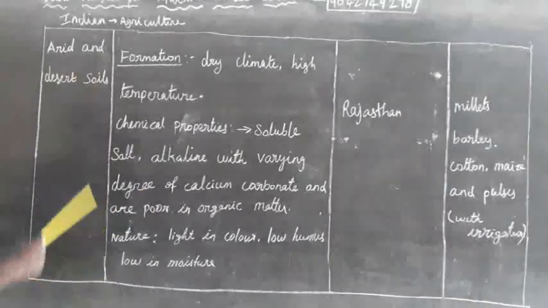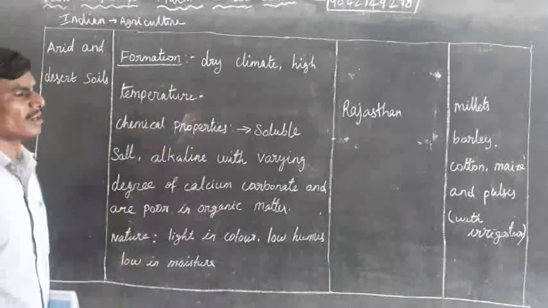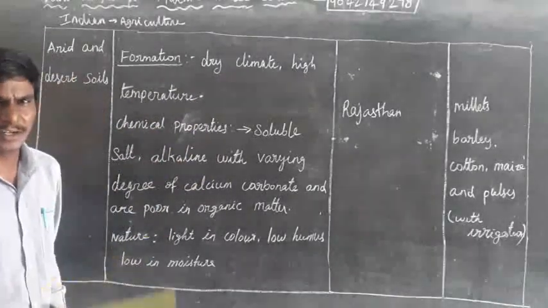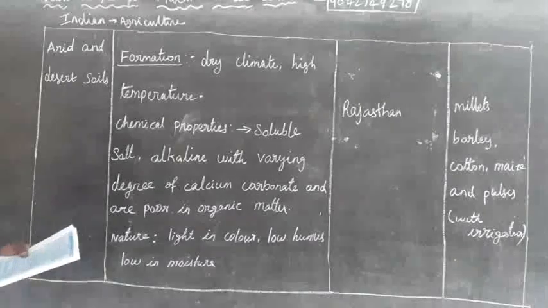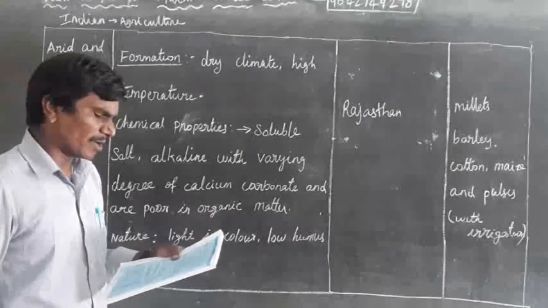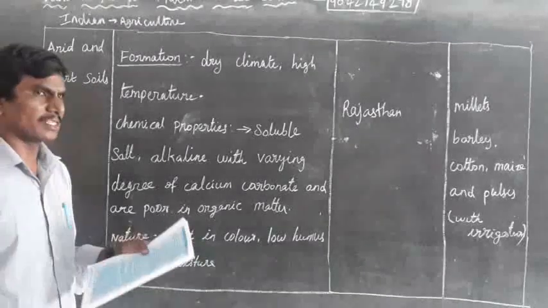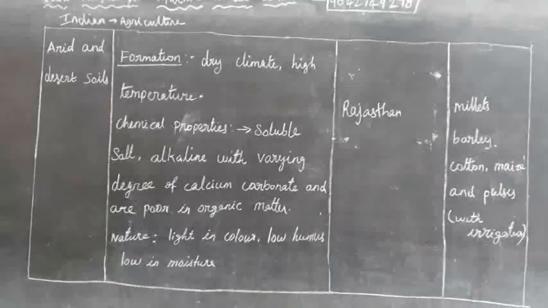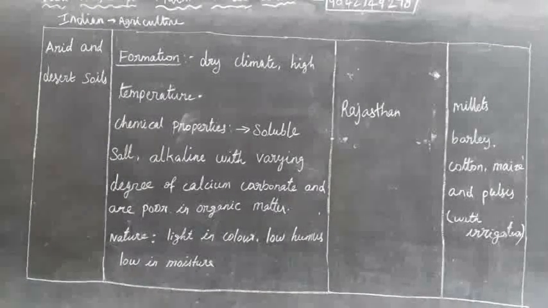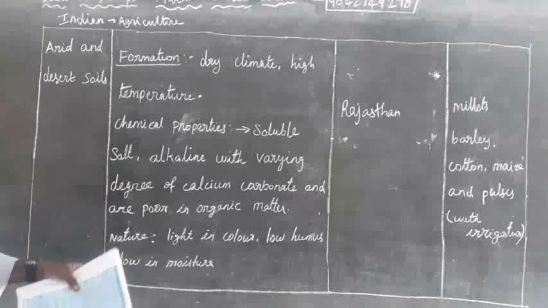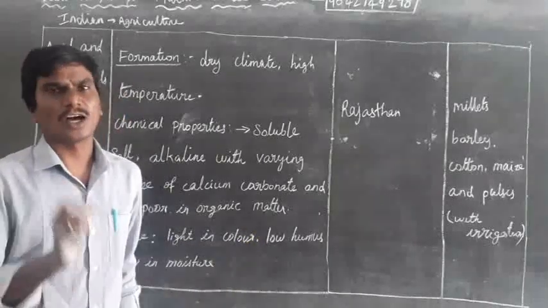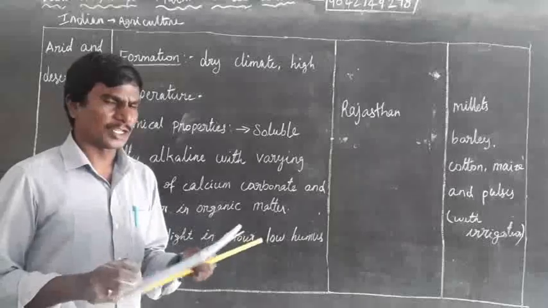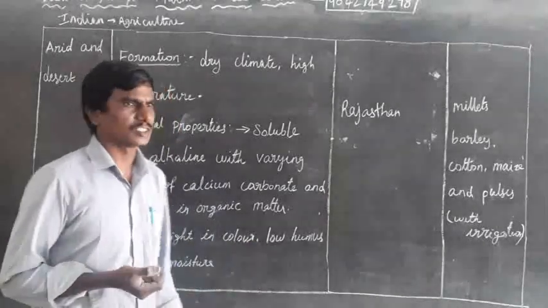The formation: desert soil forms in a dry climate with high temperatures and accelerated evaporation, so the soil is dry and lacks humus content due to the absence of vegetation or forest.